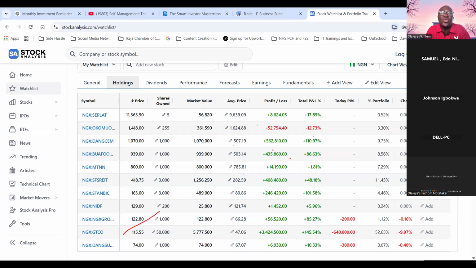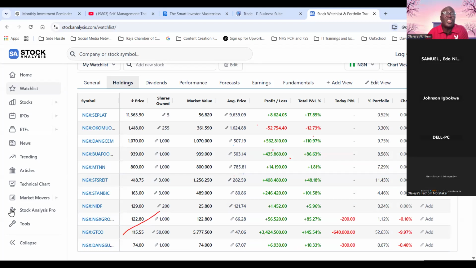When you put your stocks into Stock Analysis, it gives you a better view and a better understanding. If you are not using Stock Analysis or another tool, you really don't understand your stocks.